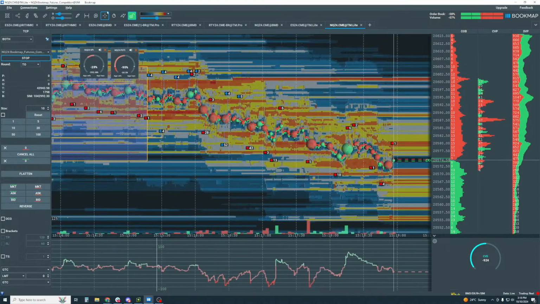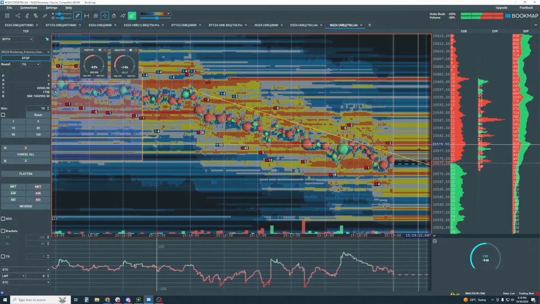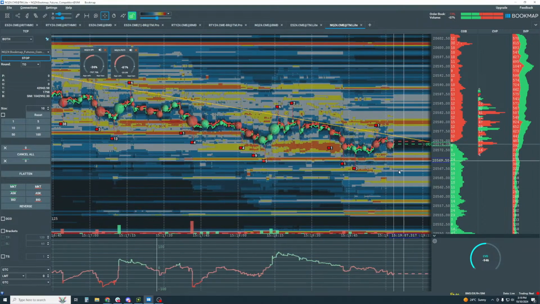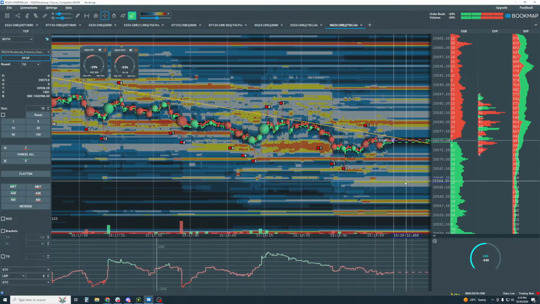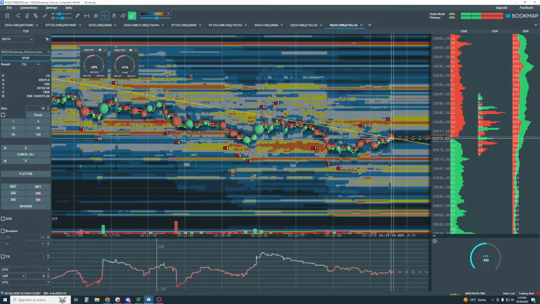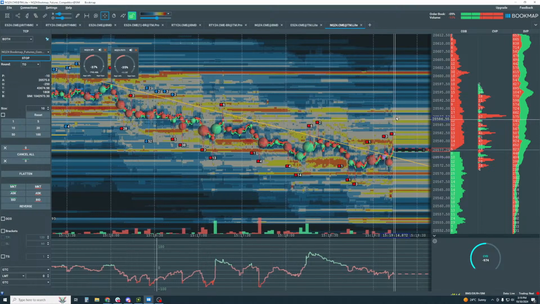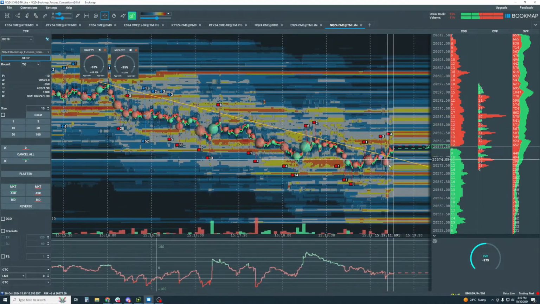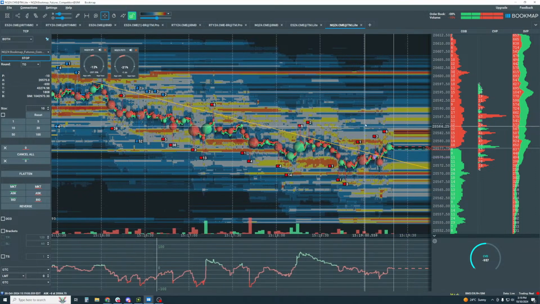Let me add a little bit of structure in here. All right, so I'm in 10 there, short on NASDAQ. And I'm playing this as an aggressor now. I'm looking for momentum here down into 70 or 55.